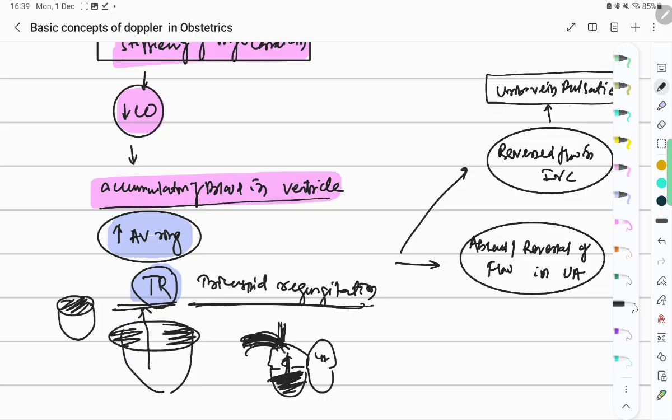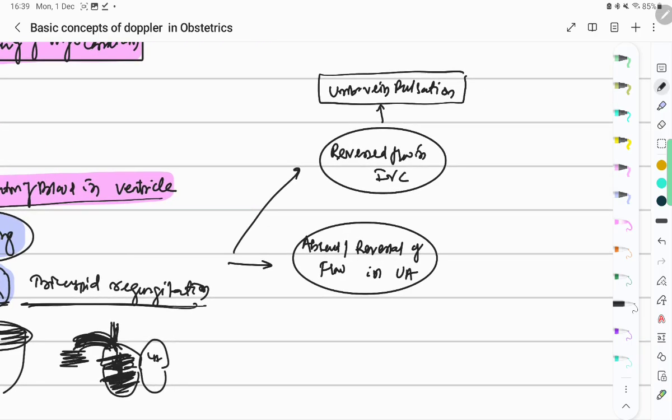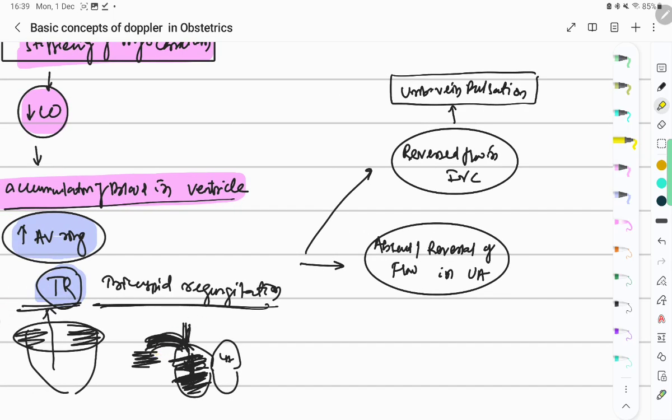Blood is gradually accumulated in the right atrium, then in the IVC, so the IVC will be congested. Once there is congestion of the IVC, there will be reversal of flow in the IVC. The IVC is connected to the ductus venosus, so there will be reversal of the A wave in the ductus venosus, and it is connected to the umbilical vein, so there is pulsation in the umbilical vein.